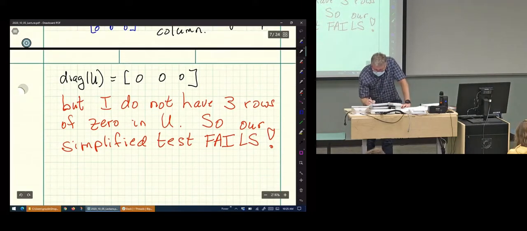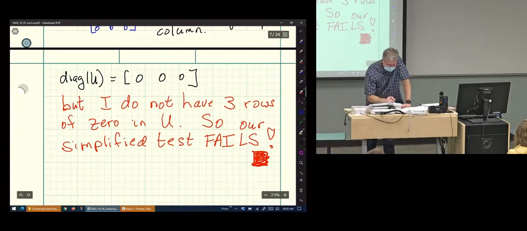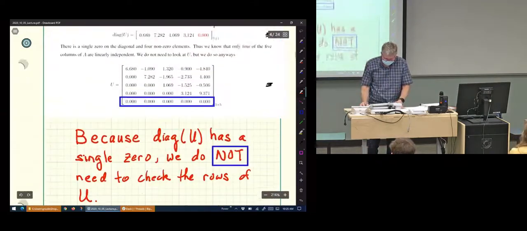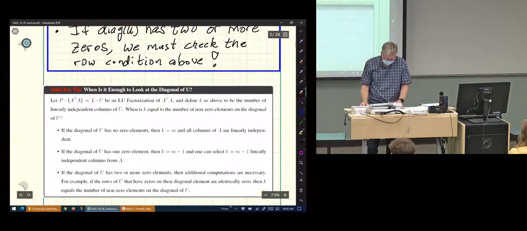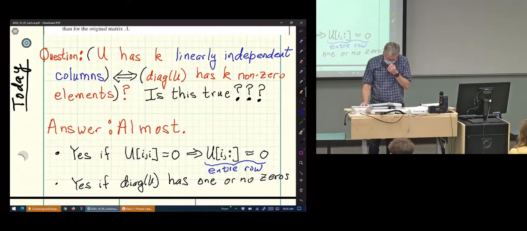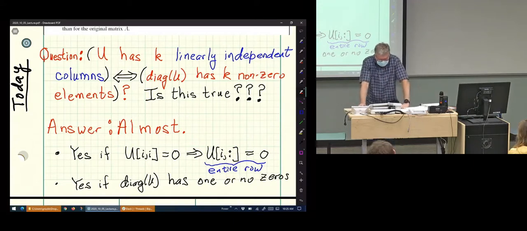Okay, so let me go back to our statement. Is it true that if U has k linearly independent columns, that is equivalent to the diagonal of U having k non-zero elements?